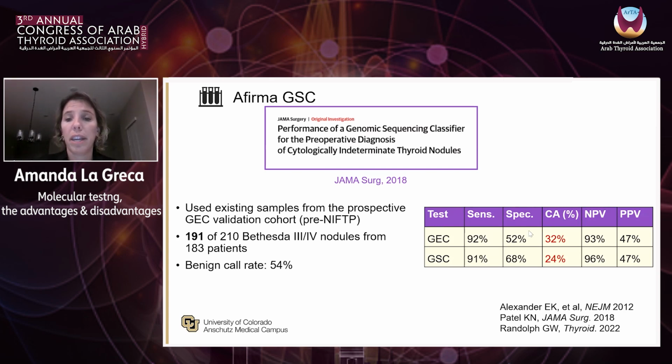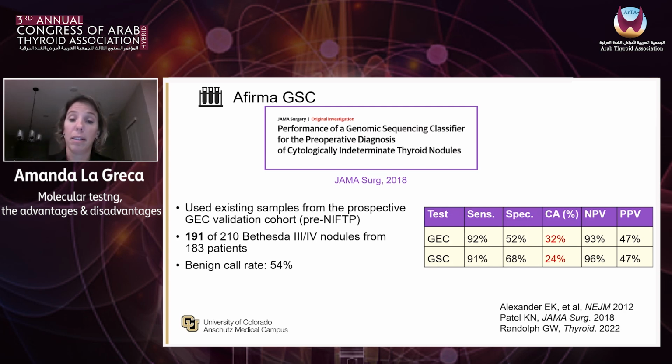This is the percentage of carcinoma. For the GEC, 32%, and for the GSC, 24%. So what I said, the negative predictive value of these tests is really high, 93% and 96%. That means it's a very good rule-out test.